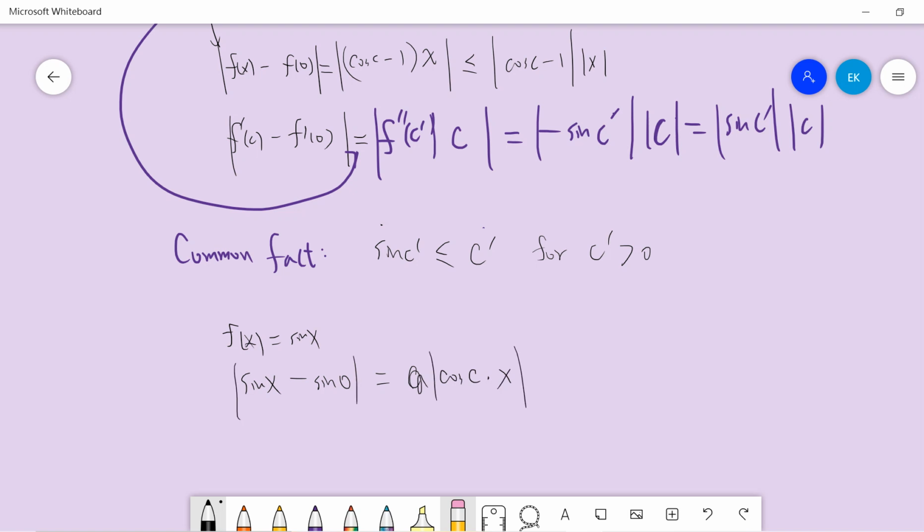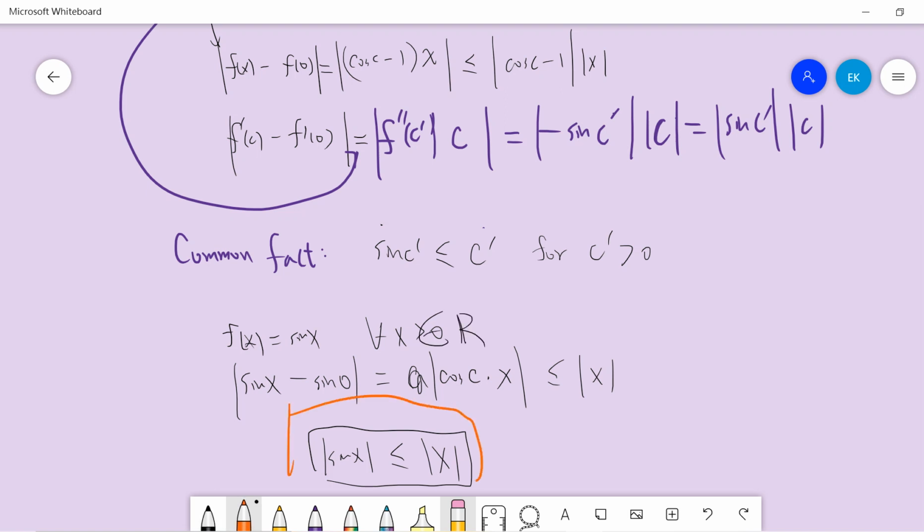But the absolute value of cosine c is at most 1, so we have the absolute value of sine x smaller than the absolute value of x for all x larger than 0. Since sine x and x are both odd functions, this inequality is satisfied for all real numbers. This is also proved by the mean value theorem.